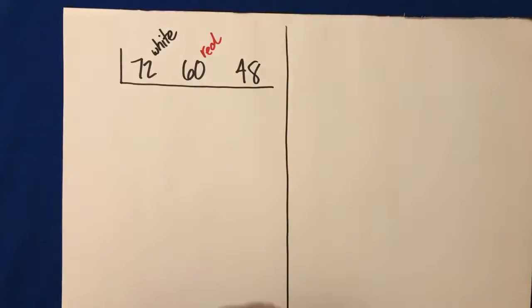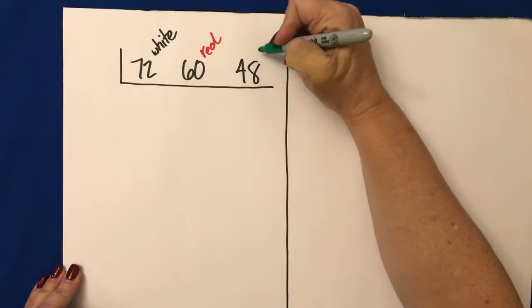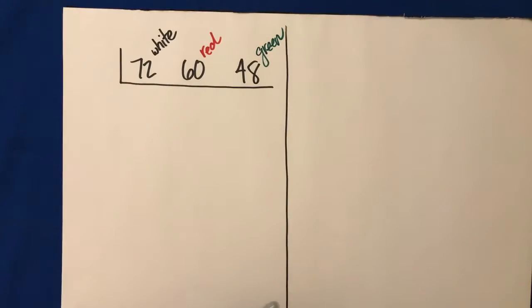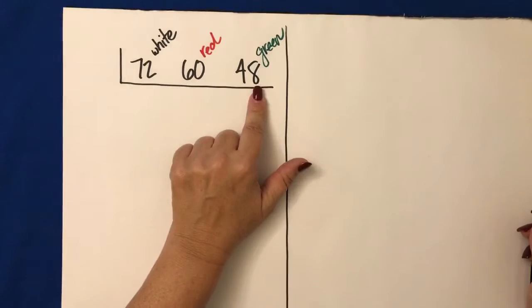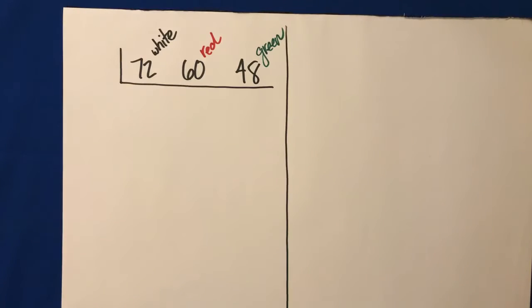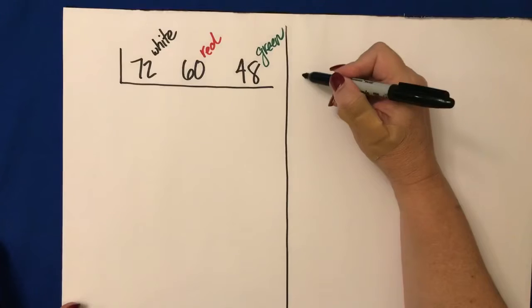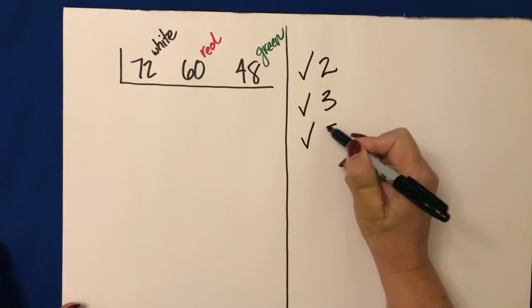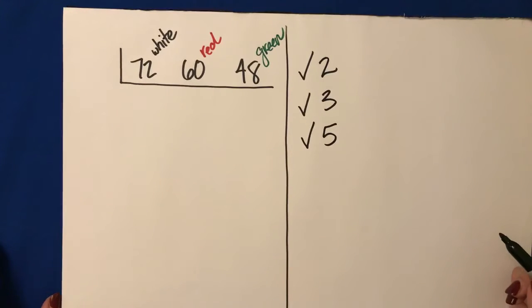Let's say I had 60 red carnations, and then let's just go for green. Okay, so I'm trying to make bouquets of flowers, and I want to figure out how many of each of these can I equally divide so that there's no leftovers. Okay? Yeah, you're right. This is one of the challenge problems, so if you haven't done it yet, this might help you. So I'm going to start with 2, 3, and a 5 again.